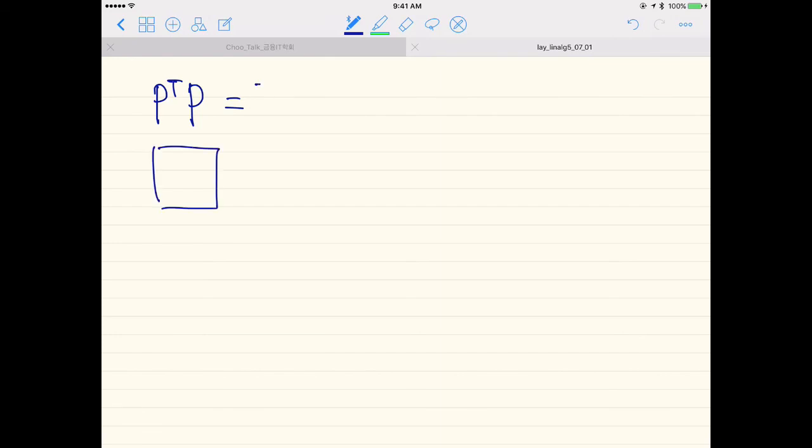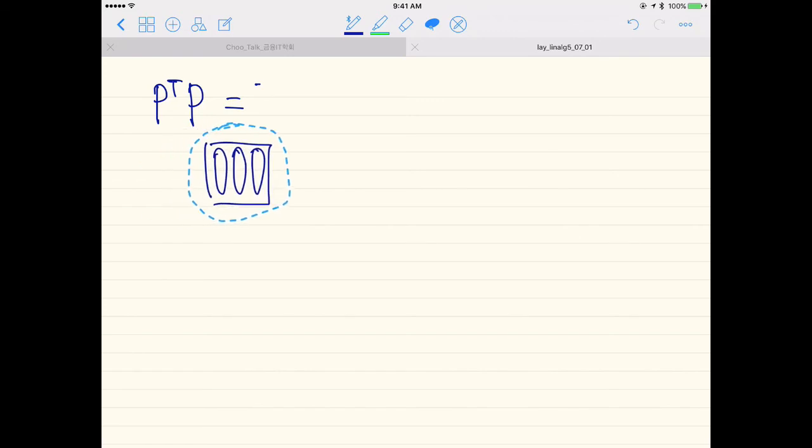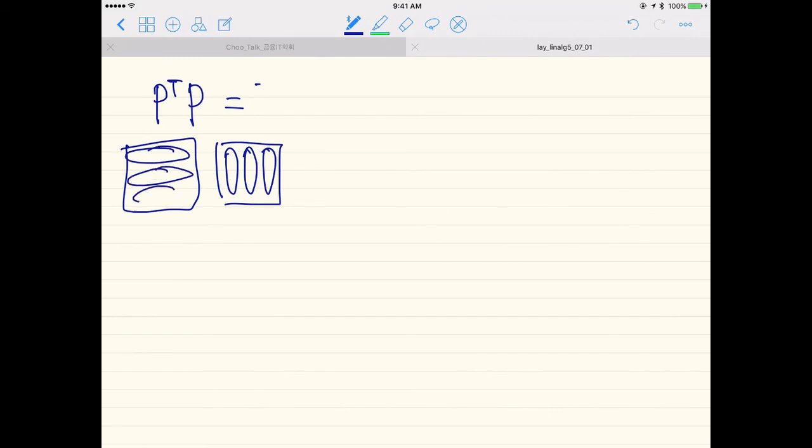We have 3 orthonormal columns, and then the transpose version of it.